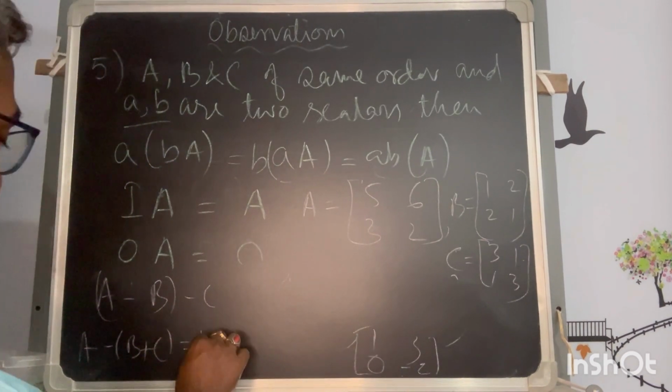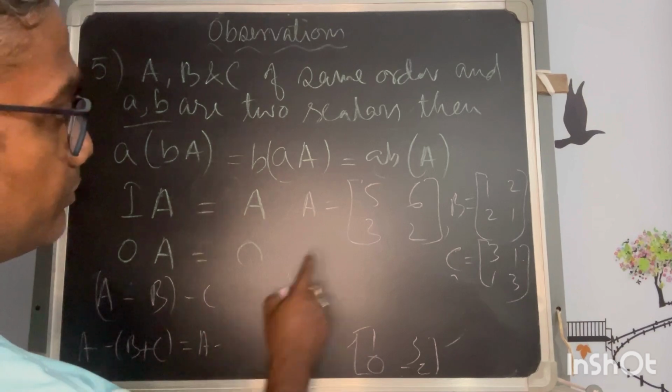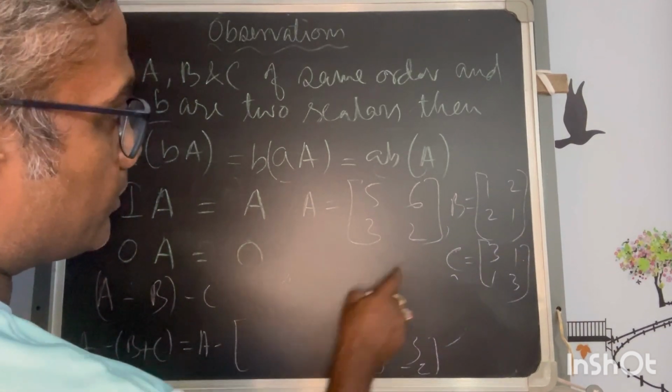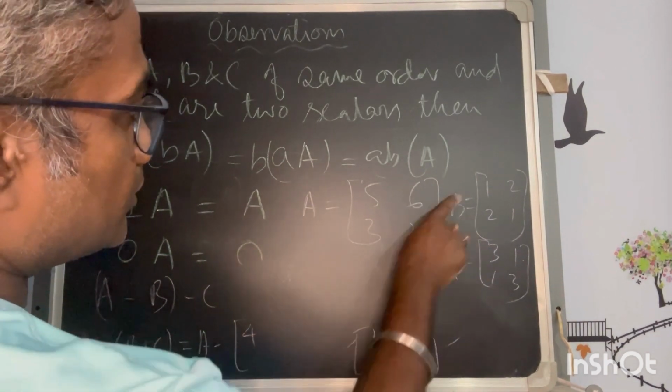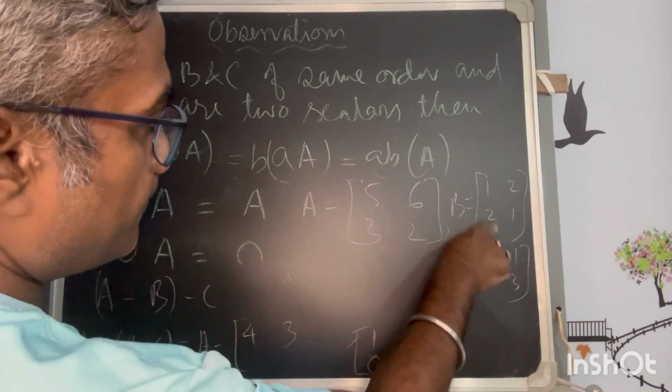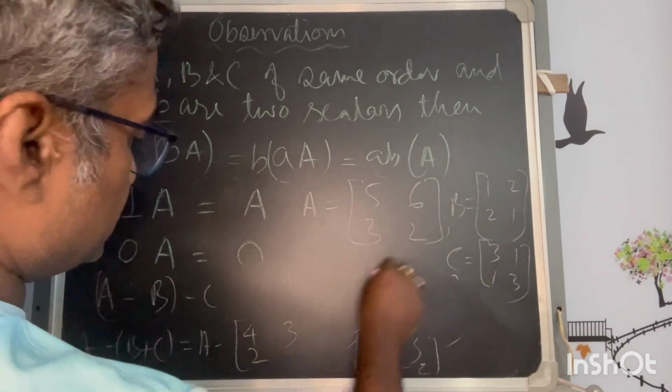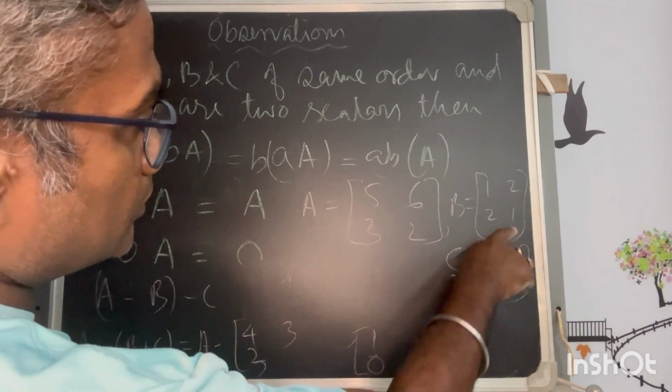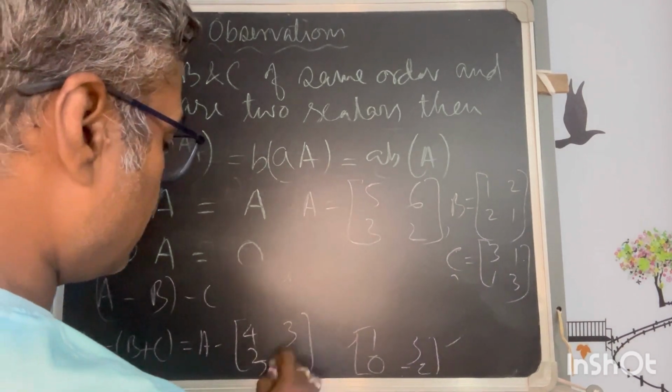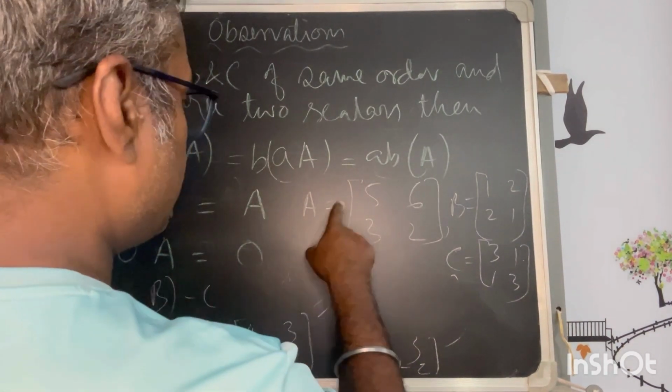So b plus c, I add: 3 plus 1 is 4, this is 3, this is 3, and this is 4. Now a is this 5 6 3 2.